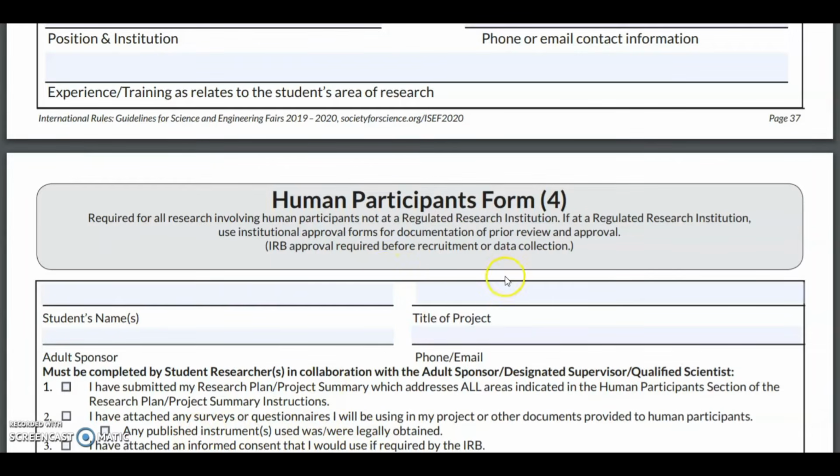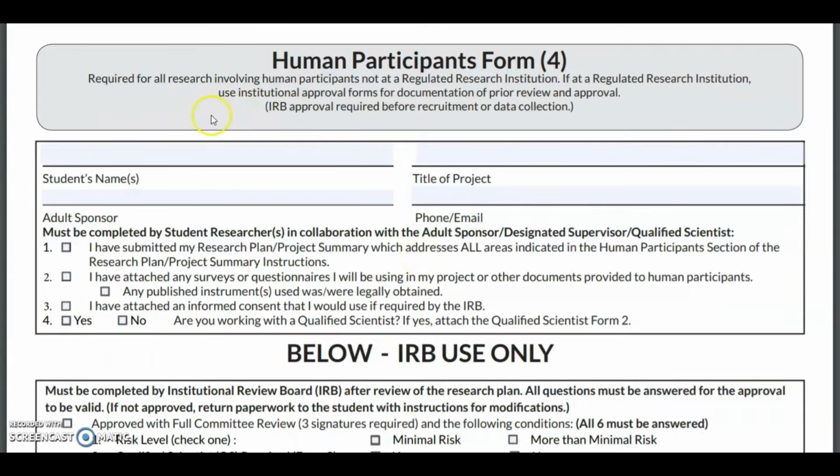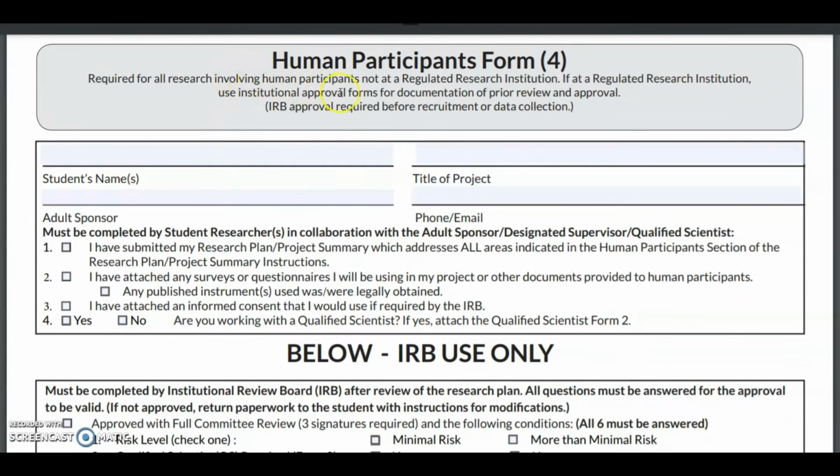Form 4, or the human participants form, is required for all research involving human participants not at a regulated research institution. If at a regulated research institution, use institutional approval forms for documentation of prior review and approval.